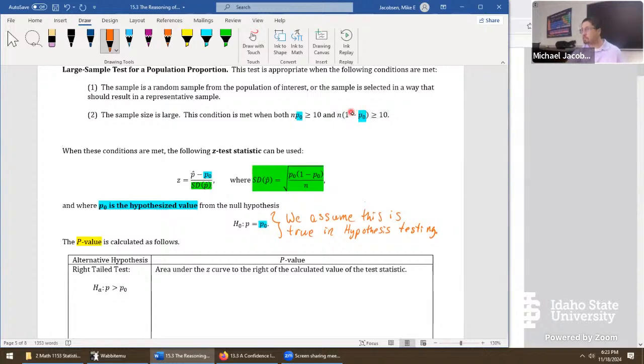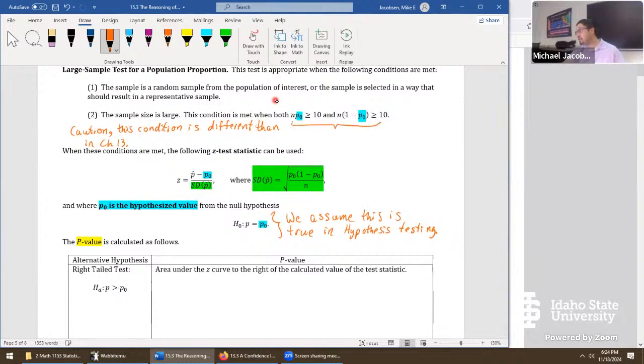Let's say here as a caution, this condition is different than in chapter 13. So we have a whole different set of conditions we're checking this time for hypothesis testing.